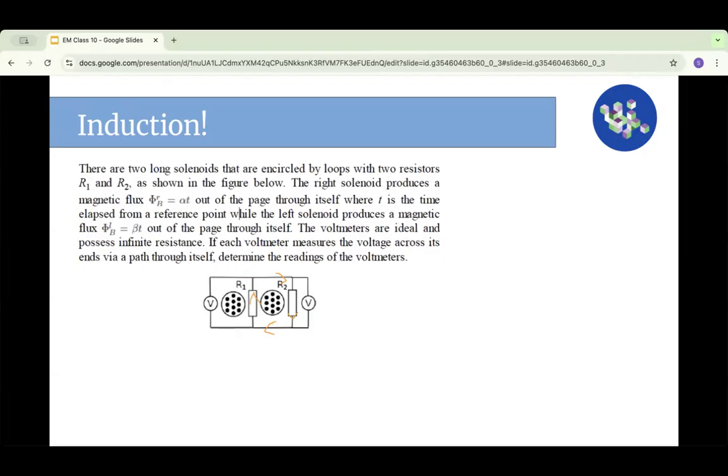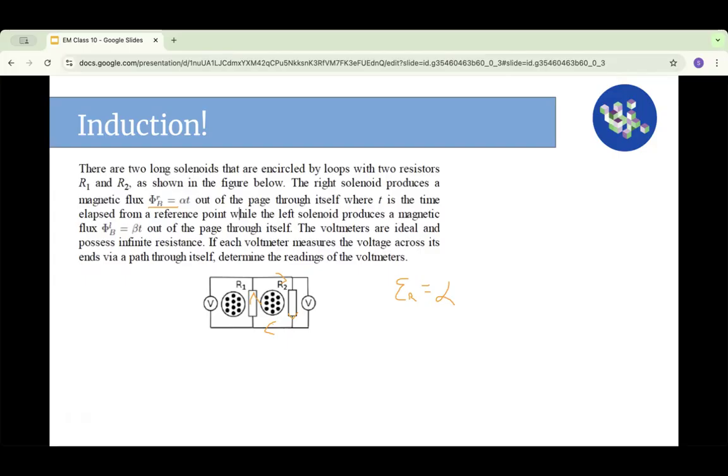Okay, so how do we find the exact amount of flux? We know epsilon r equals alpha, right? If that equals alpha, then what will be the current in this loop?